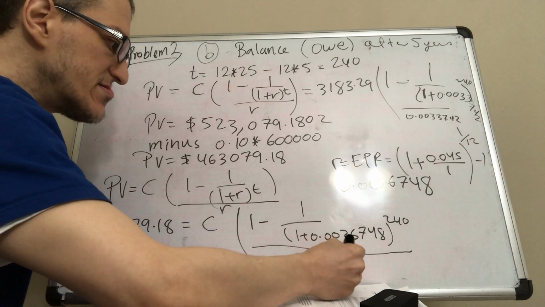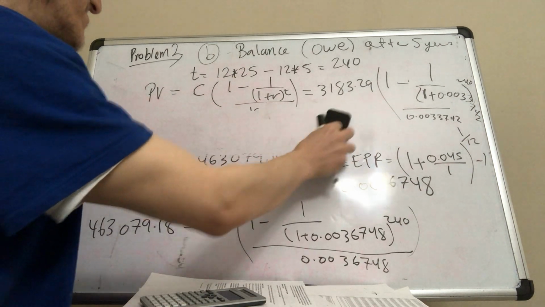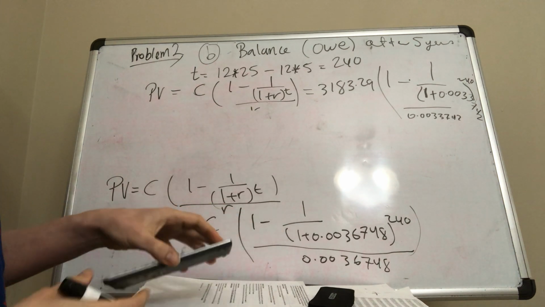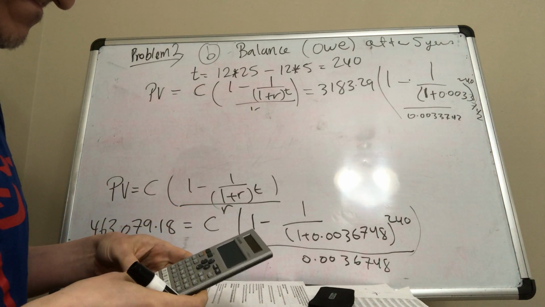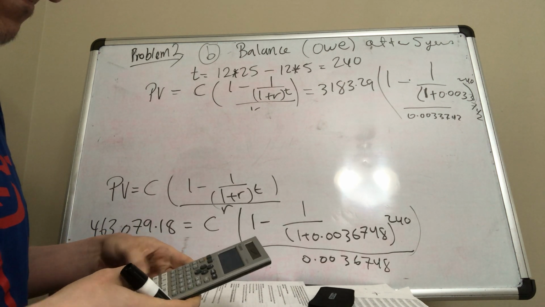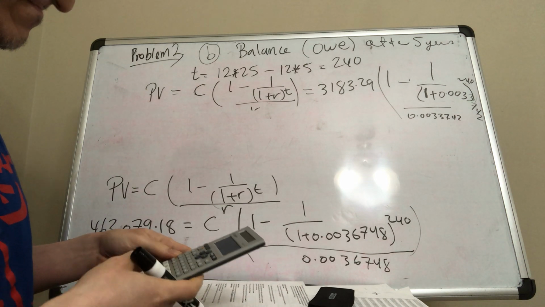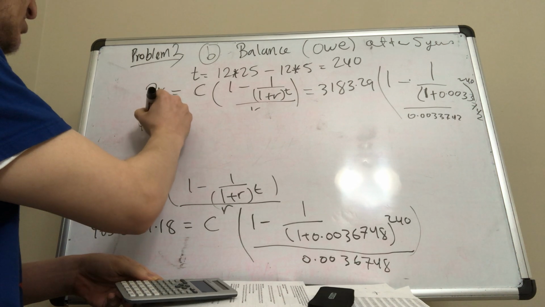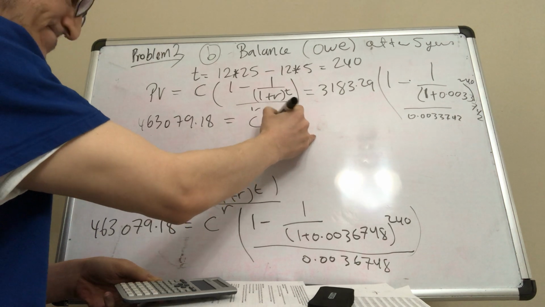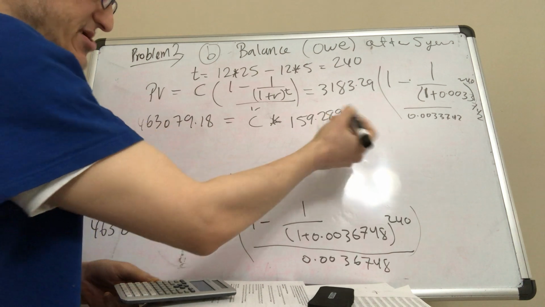And then 0.003674. We always do this part first. So we have the 463,079.18 and 159,289.3.